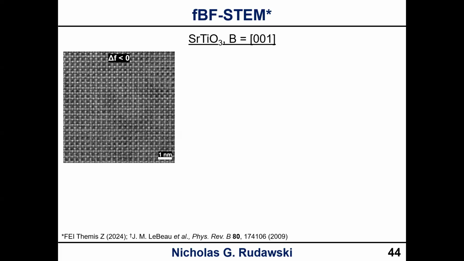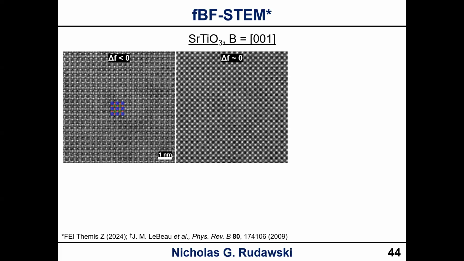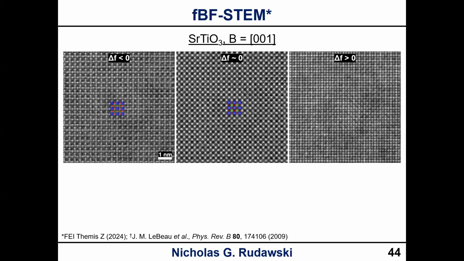This is the under focus state, and you can see that it really doesn't look anything like the structure of strontium titanate. If I look at the case where my focal state is 0, so this would be optimal focus for HAADF, again, does it really match up? Not entirely, really not anything close. Now if I go to an overfocus state, it looks different still. So it looks completely different in all three of these focal conditions.